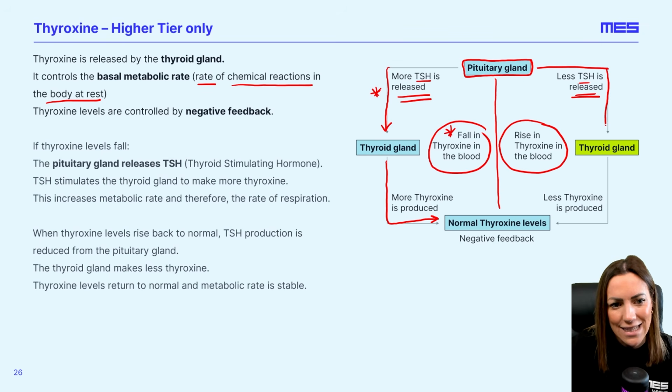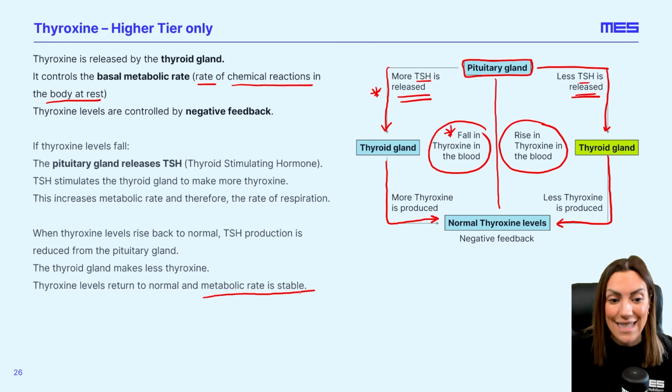So you'd have less of it going to the thyroid gland. The thyroid gland would then release less thyroxine to bring your thyroxine levels back to normal. Your metabolic rate would then drop back down to normal or become stable again, and your rate of respiration would go back to normal and become stable again.